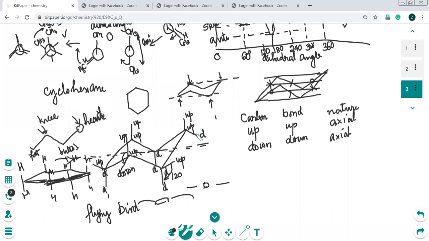So this is equatorial. Now you describe this: up carbon, down bond is equatorial. Similarly, this is a down carbon, and this is the up bond. Down carbon, up bond is equatorial.